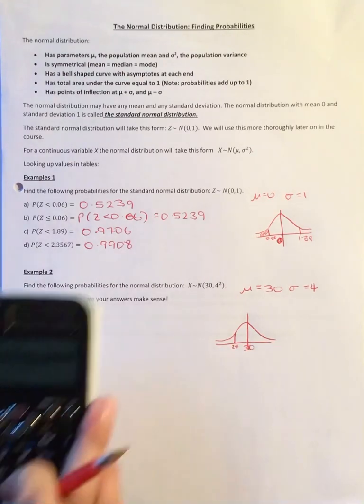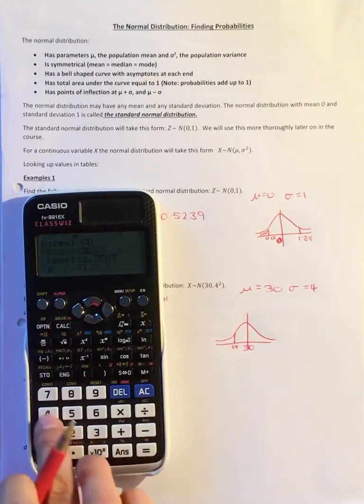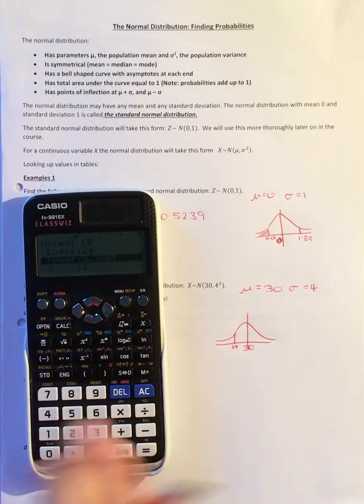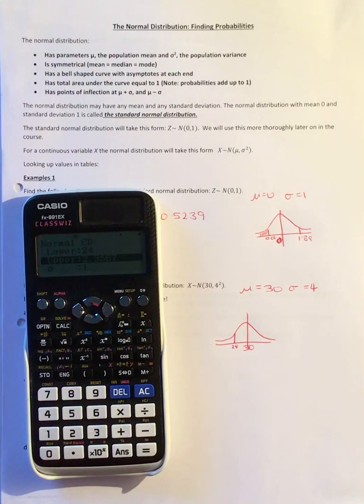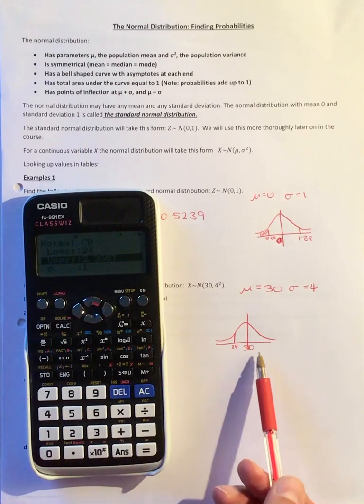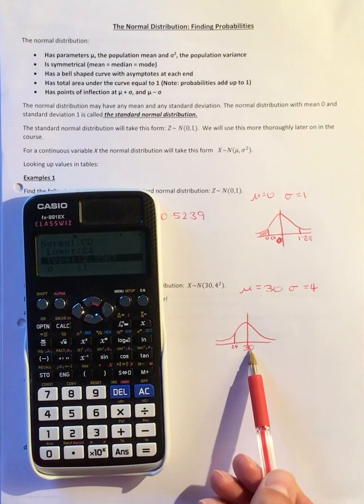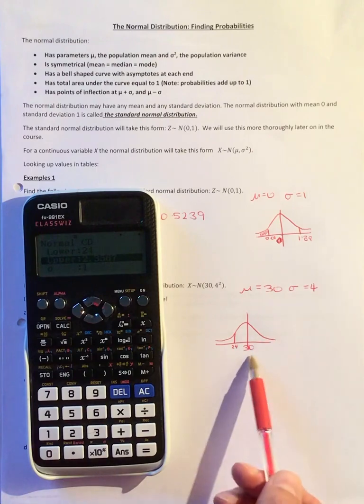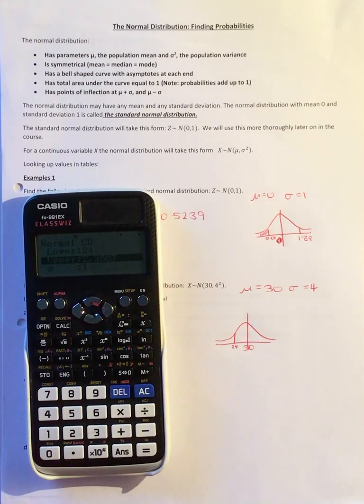When we type this in, this time our lower value is 24 and our upper value is tending to infinity, so just type something massive in. So you could go for something that is more than 4 standard deviations from 30, so something that's bigger than 46.